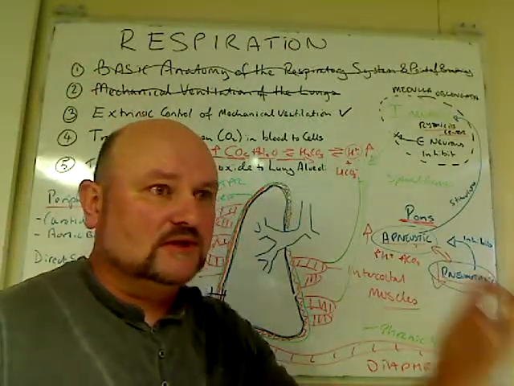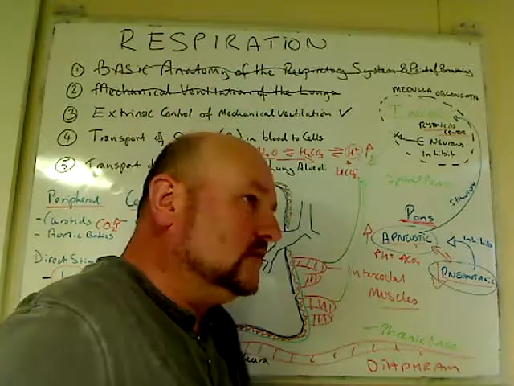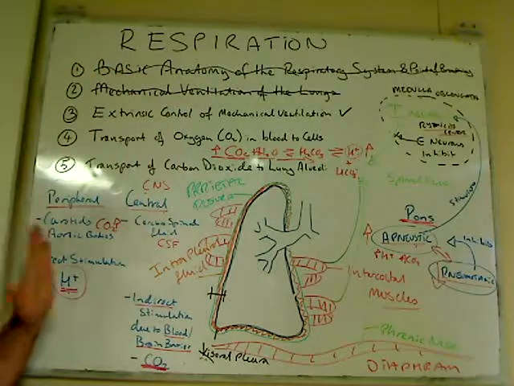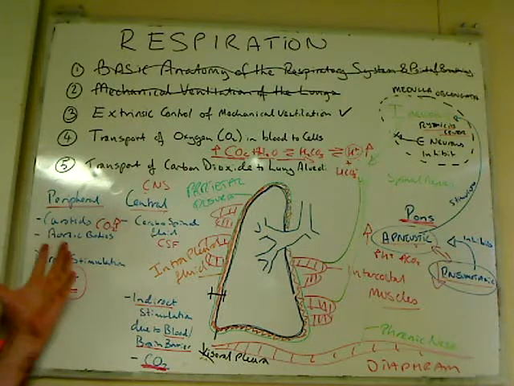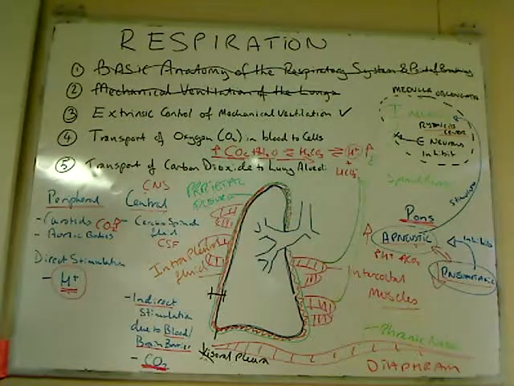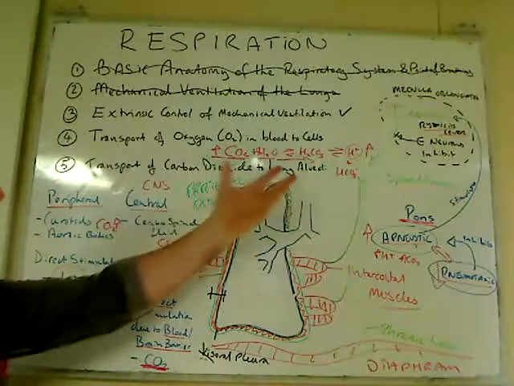Suddenly, the dog's just jumped over the fence and is chasing a car down the road, and you've got to get up and get the dog back. So you're out of your armchair, rushing off down the road. That's picked up in the periphery and in the central area. So hydrogen ions in the periphery are building up in the blood, coming from the cells, remember, through this equation here. And in the central area, CO2 has crossed into the cerebrospinal fluid and stimulated there.